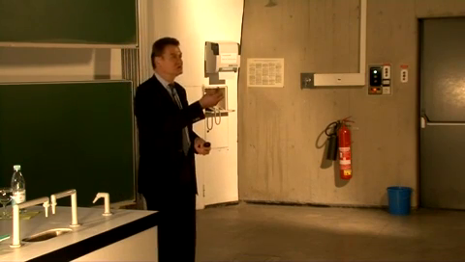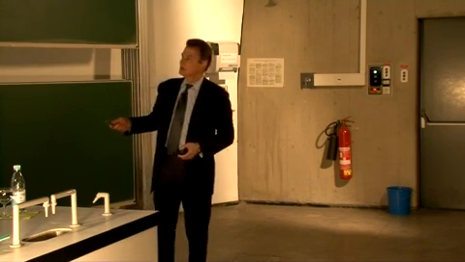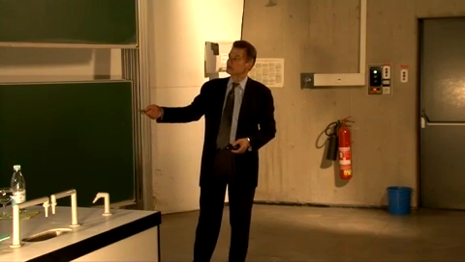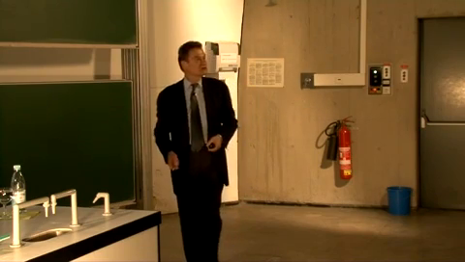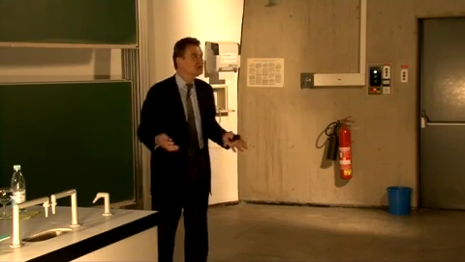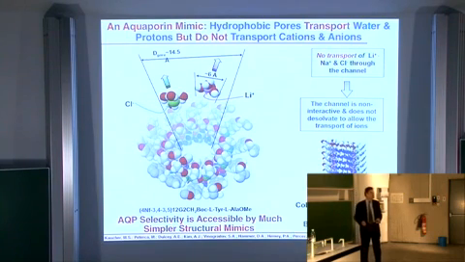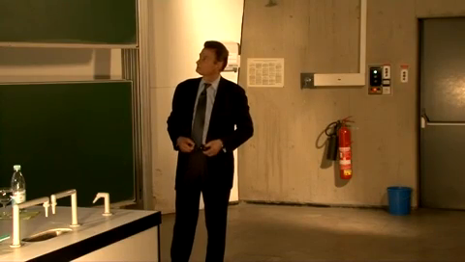Ion pairs do not go through channels, only free ions go through channels. So the conclusion is that aquaporin selectivity is accessible by much simpler structural mimics, not with the same level of precision. Protons still pass, but ions of various kinds and other structures do not pass through hydrophobic channels.